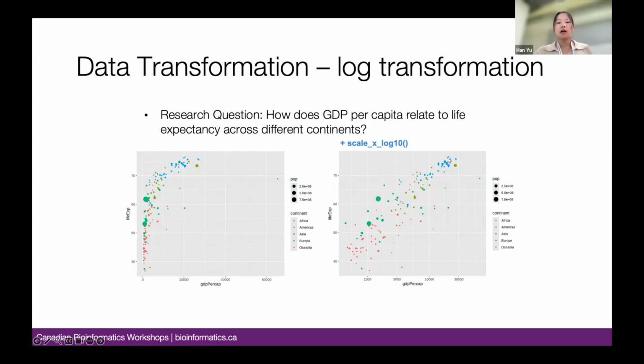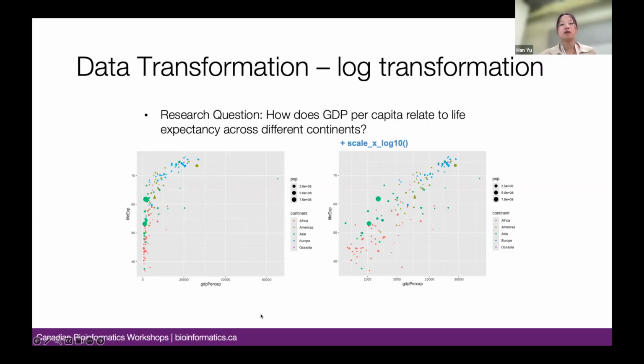So from the left plot, we observe that the GDP per capita is highly skewed, especially with a few countries having very high GDP. You can see here, this point. So this can make the plot hard to interpret. So the point of the high GDP value might dominate the visual representation.